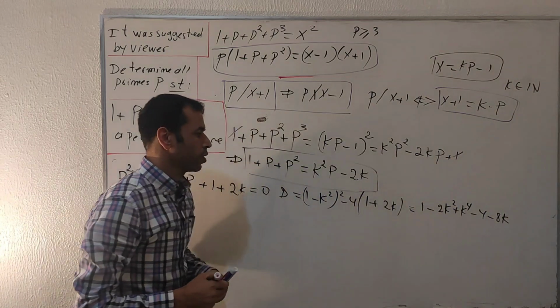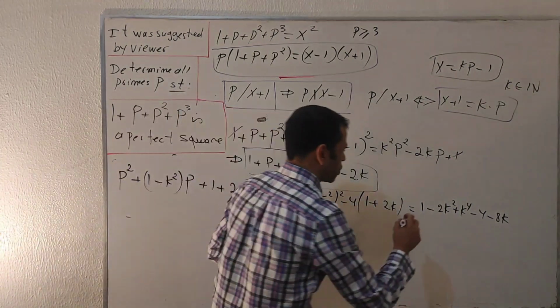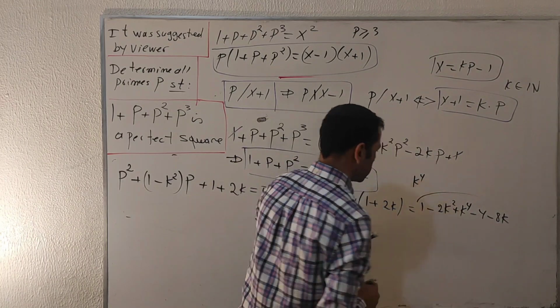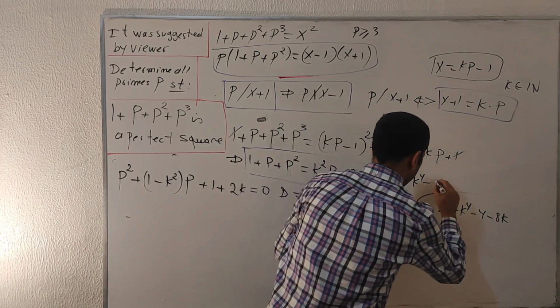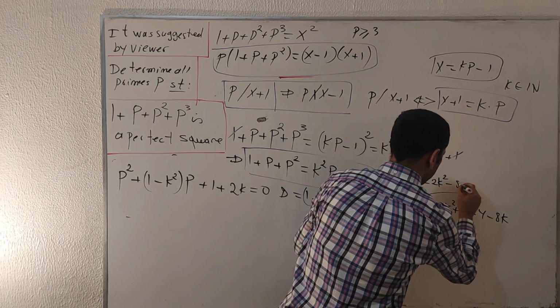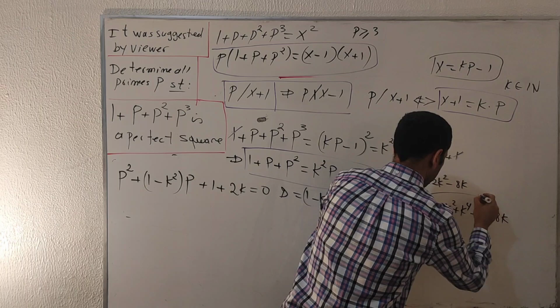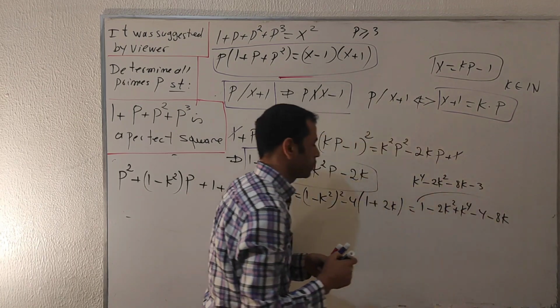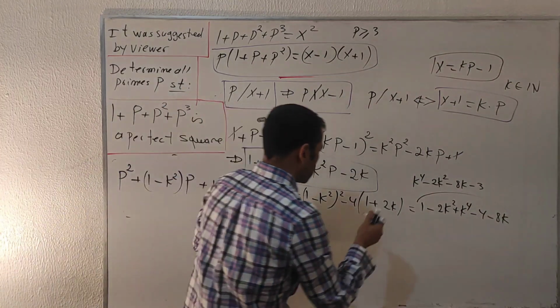Then simplifying this expression, I get q to the 4th minus 2 times q squared minus 8k minus 3, since 1 minus 4 is minus 3. So this is delta.